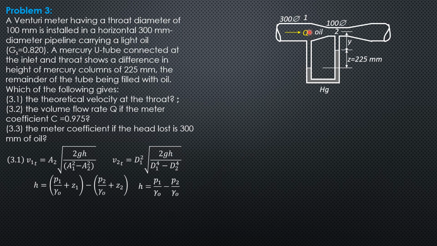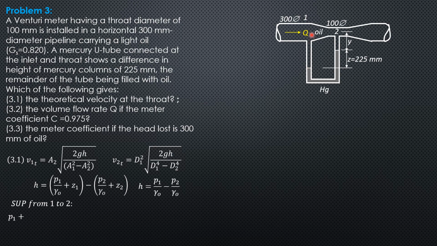We sum up pressure, using transmission of pressure from fluid mechanics, between point 1 up to point 2. So we go down along this differential manometer until we reach point 2. Beginning with point 1, the pressure there is P1. So SUP means sum up pressure from point 1 to point 2. P1, we go down, so that's plus.